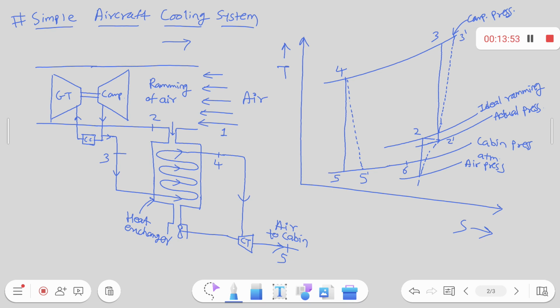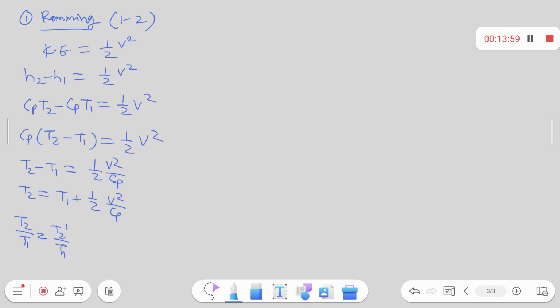Pressure is different, but here we are considering the temperature is the same. Right? So T2 by T1, which is equal to T2 dash by T1, is equal to 1 plus 1 by 2 T1 Cp into V square. Right?